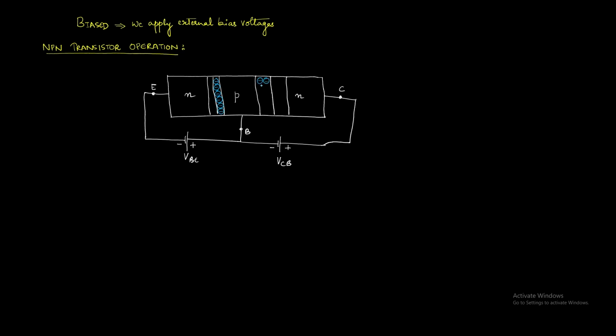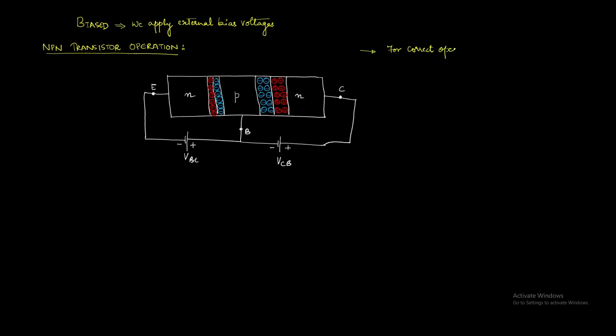So the ions that were initially set up on either side of the junctions, you can see how the width variation is there. The ions that were set up in the NP junction have become narrow, while the PN junction ions have become wide.